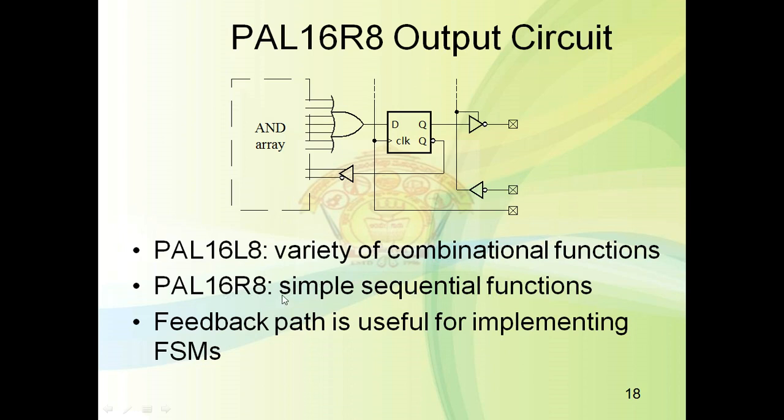As in the case of a sequential circuit, we need to temporarily store the data, so we require registers, and also we require feedback. So the drawback in the previous circuit is overcome here in 16R8. This is the AND array, then the OR, then here you will get the inversion.